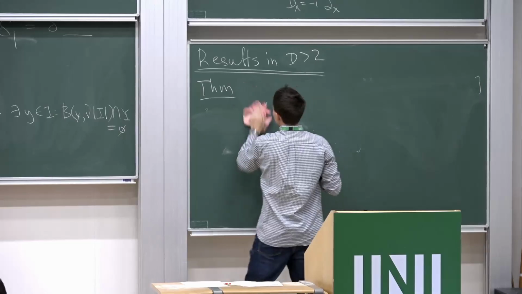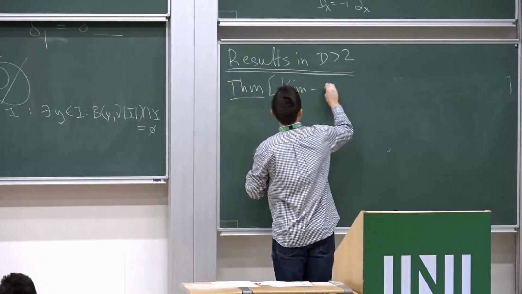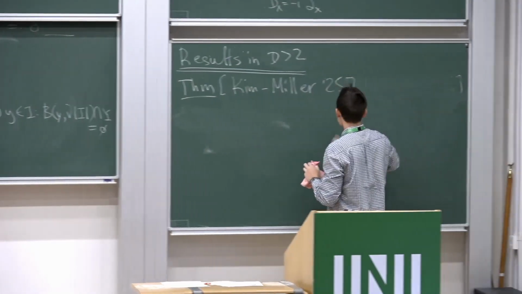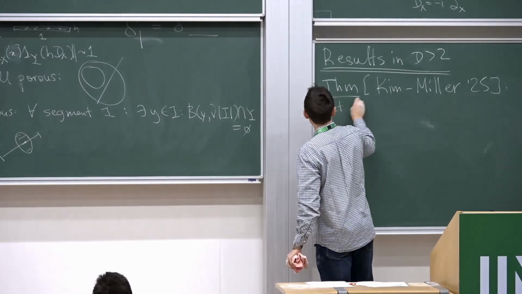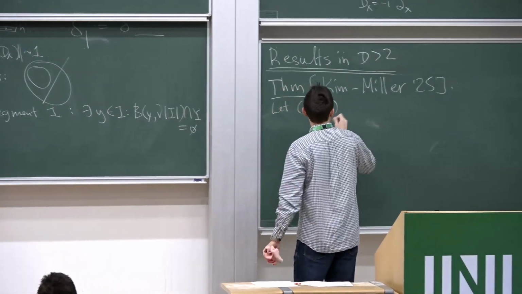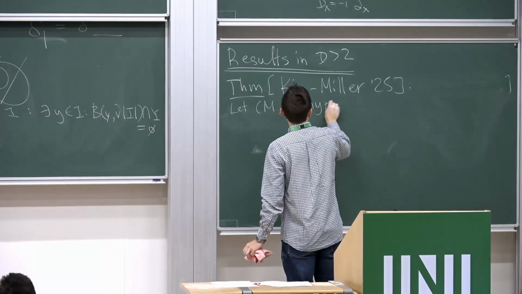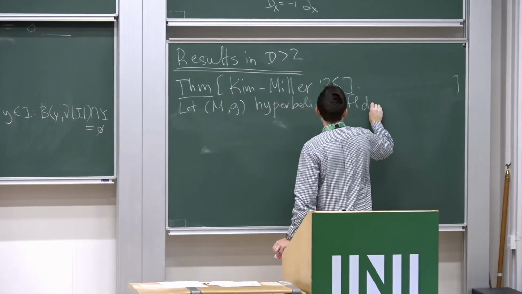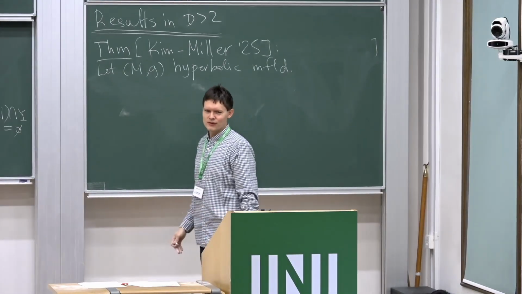And so here's one theorem, which is due to my student Elena Kim and Nick Miller last year, which is as follows. I'm going to assume that M is a compact connected hyperbolic manifold of any dimension. Okay, so that's constant negative curvature.